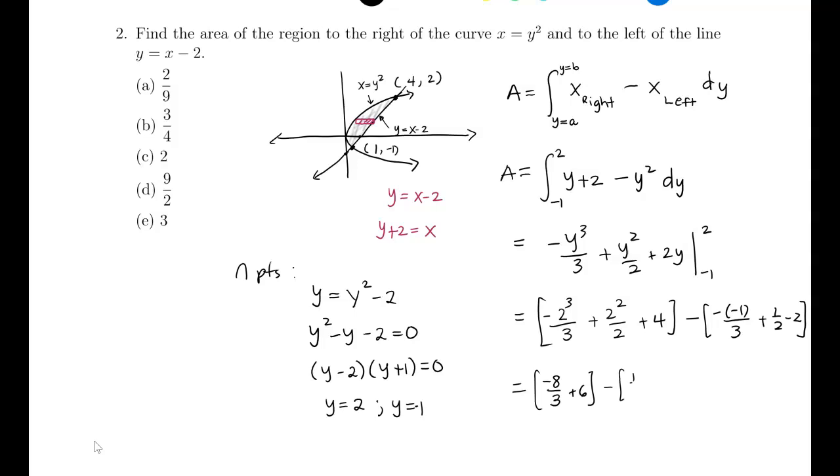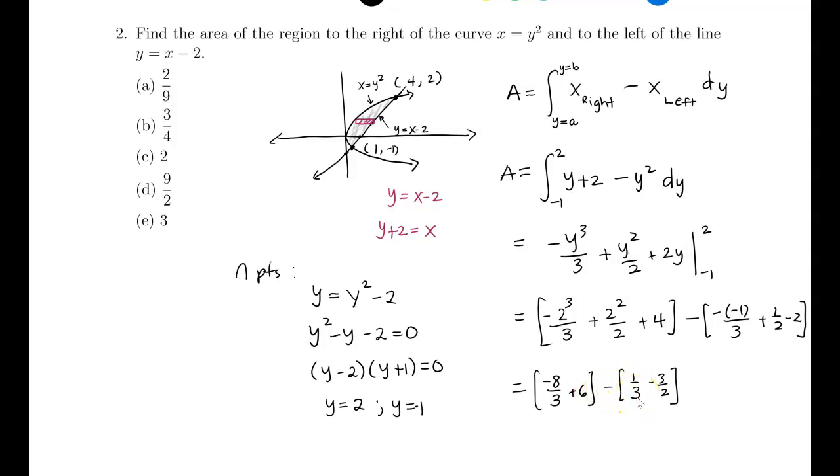Minus, this is 1/3. And then we have here 1/2 minus 2 is negative 3/2. Okay. And then simplifying this, we have minus 8 over 3 minus 1/3.